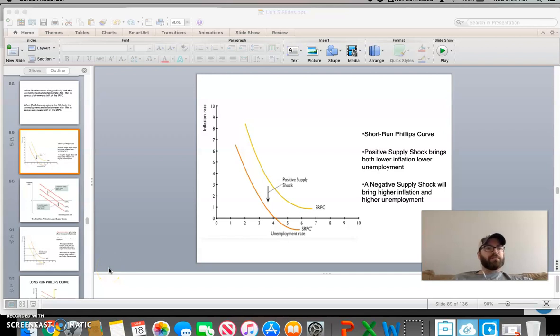So that downward sloping short run Phillips curve is really showing that inverse relationship between the inflation rate and the unemployment rate. And in doing so, what it basically says is, if we're at 8% inflation, then the unemployment rate should be down.